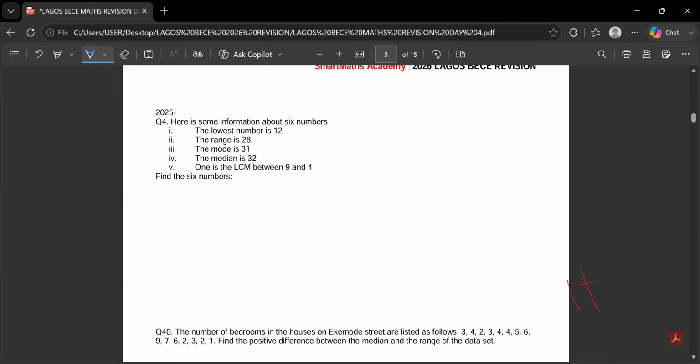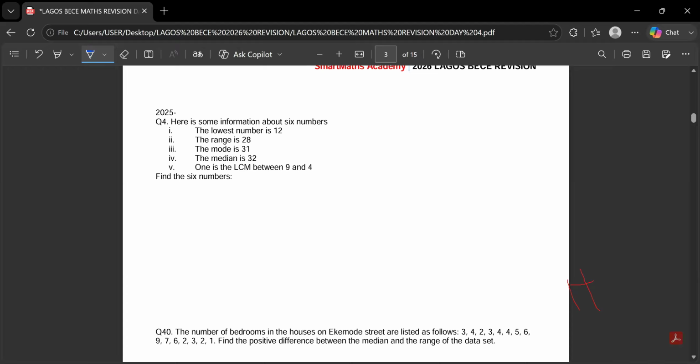The mode is 31. The median is 32. One is the LCM of 9 and 6. The question asks us to find the 6 numbers.